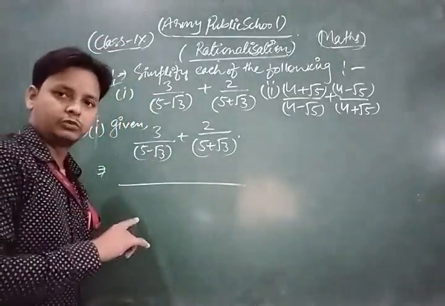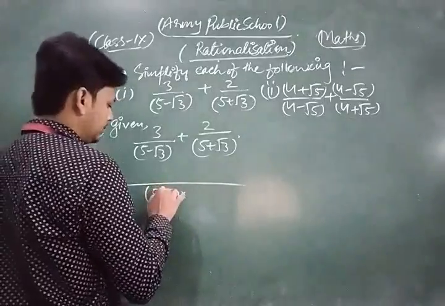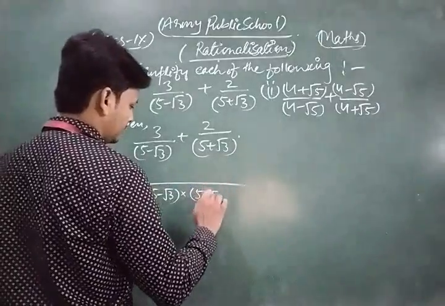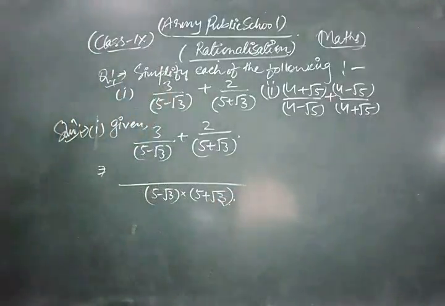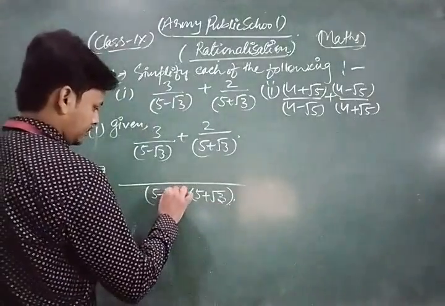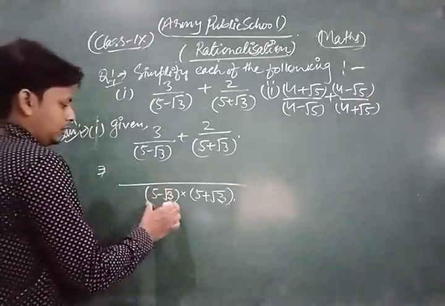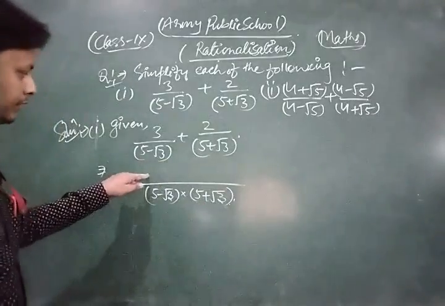So look here, we take both the values as LCM. This will be 5 minus root 3 into 5 plus root 3. Now if we divide the values by their denominator, then we get 5 minus root 3.